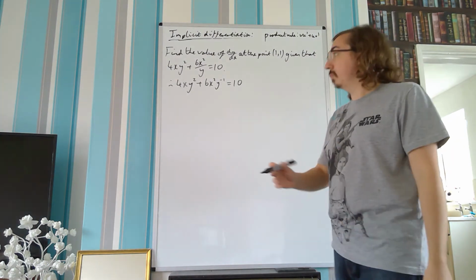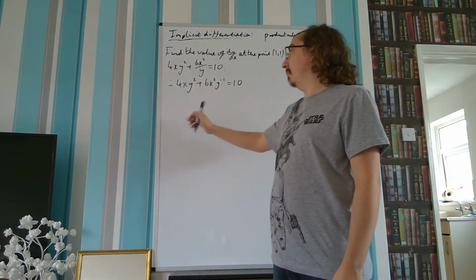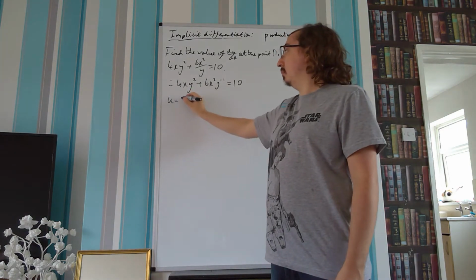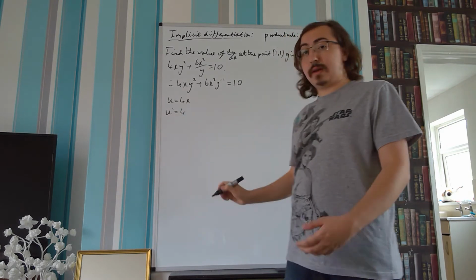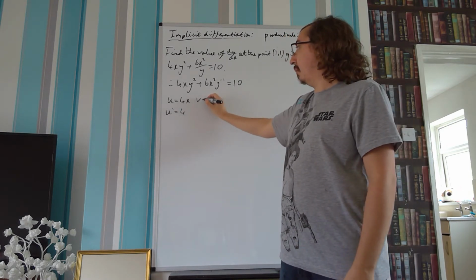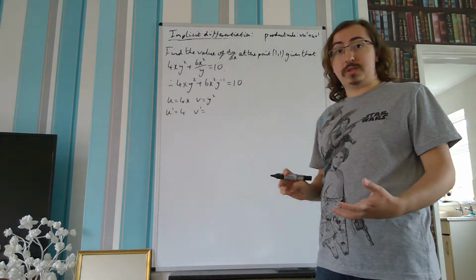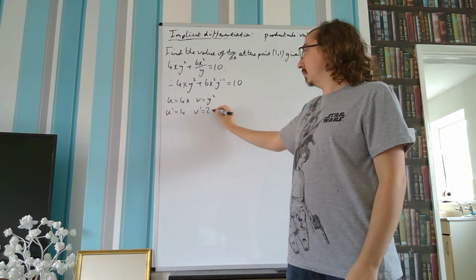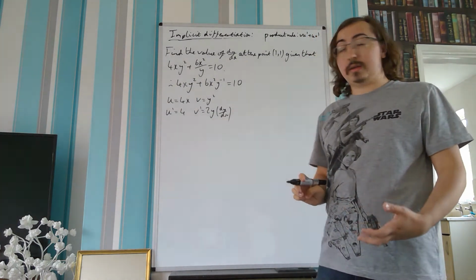We've practiced this quite a few times, so let's see if we can go a little bit faster through the product rule. If we take the first part of our expression, our u is 4x, which we can differentiate to get 4. Our v is y squared, which if we differentiate with respect to x, we get 2y times dy by dx.